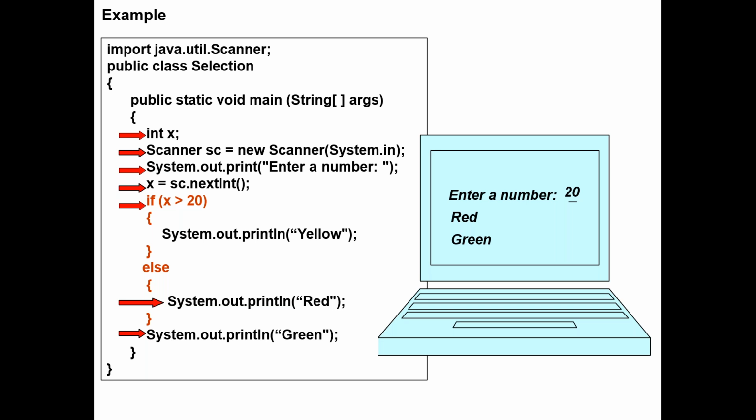Now we have declared our scanner with our x. And now we're using our second statement, if-else, which allows us to have two outputs. We check if x is greater than 20, then we print yellow, else it's going to print red. Depending on the number we input, we're going to have a different output.